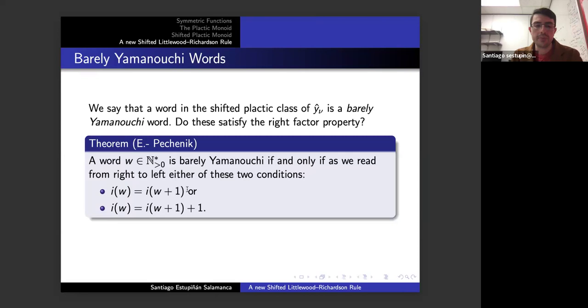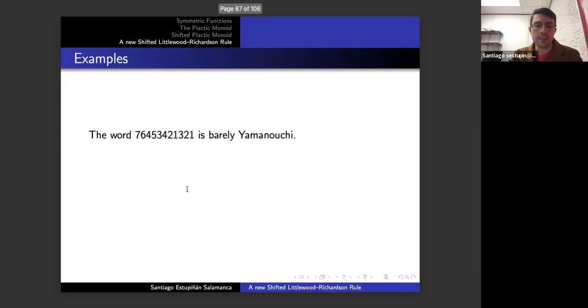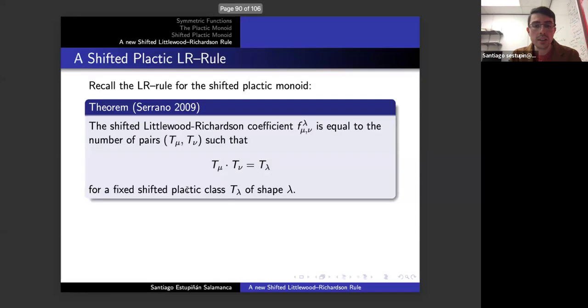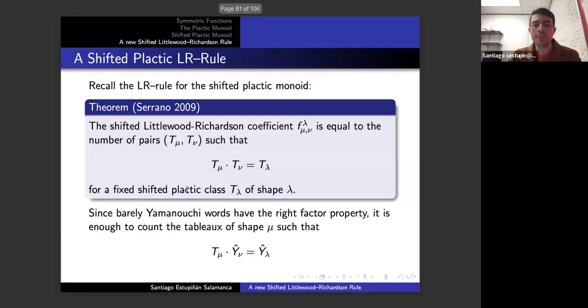And then if you have a particular word that is Berli Yamanouchi, it follows that a right factor is also Berli Yamanouchi.